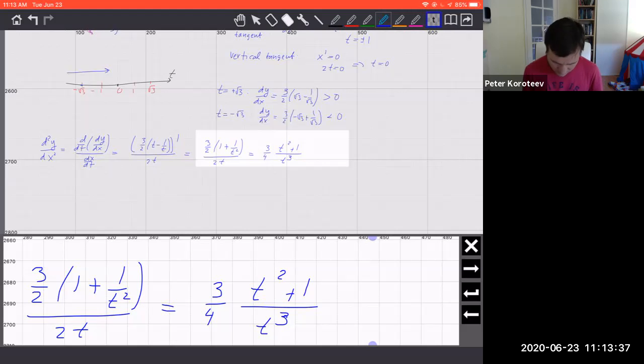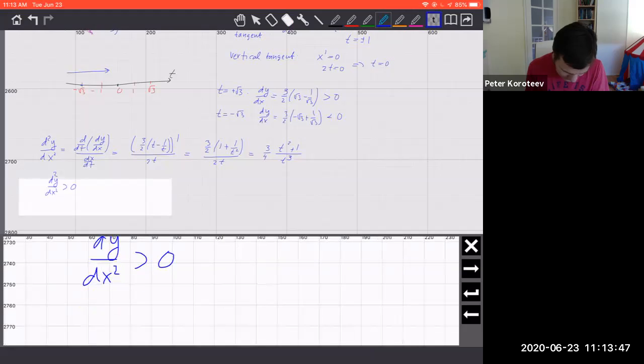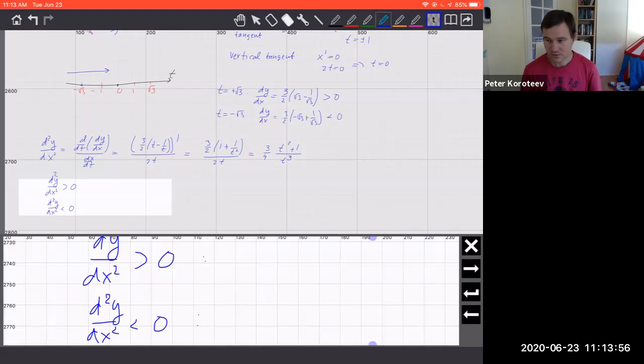And then, can you tell me for which values of t the second derivative is positive, and for which values is it negative? Positive for t bigger than 0, and for t less than 0 it's negative.